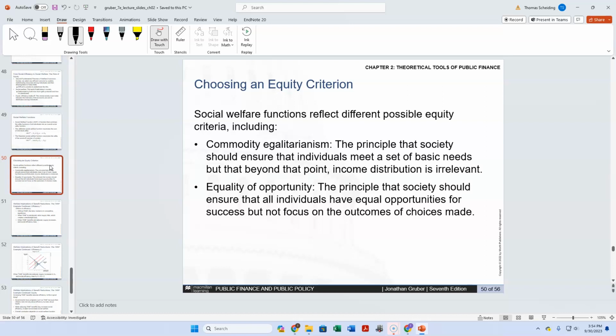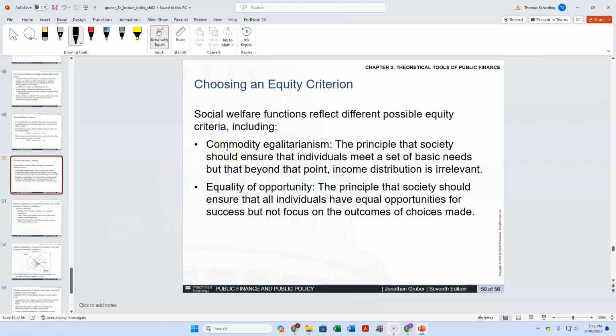If we looked at this from a political party perspective, we tend to see Republicans at least state that they're for equality of opportunity, and Democrats in general are more for commodity egalitarianism. They don't overlap. That's why the two parties seem to fight with each other about things.